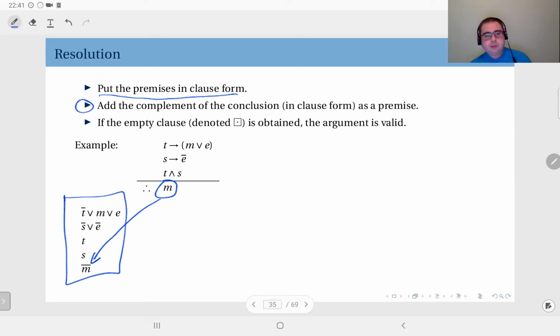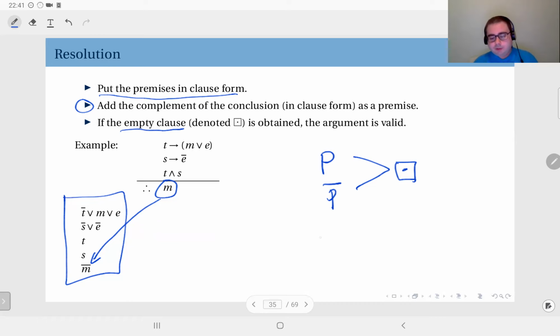And from this, you try to see whether you can reach what we call the empty clause. Okay? So for instance, consider this very simple case, P and not P. Let's say you have these two premises. If you resolve them, you'll end up with an empty clause because the resolvent of these is just empty.